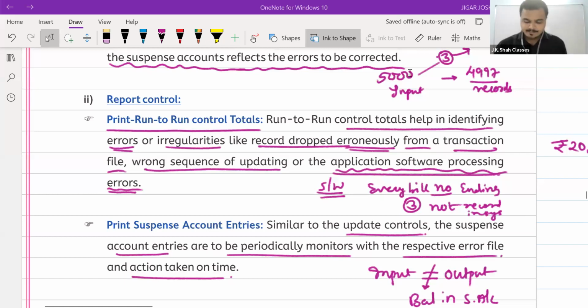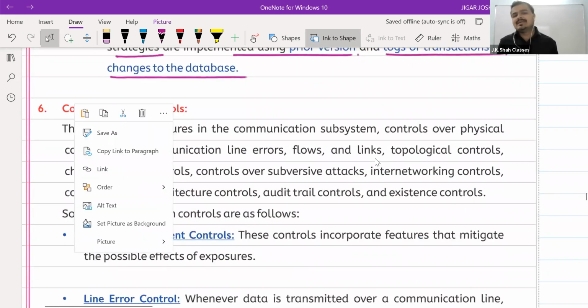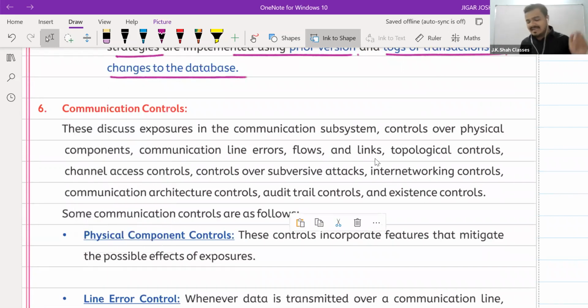Yes, sir. Okay, moving ahead to the next one, people. Many times it is compulsory that we share our database with another party. Whenever we share our data with other parties or persons, we need proper communication controls, a very high level of communication controls.